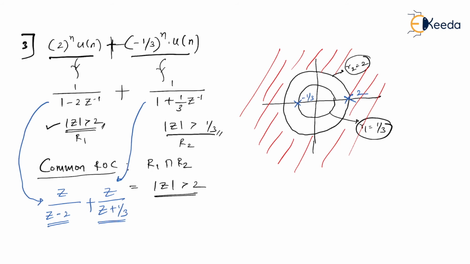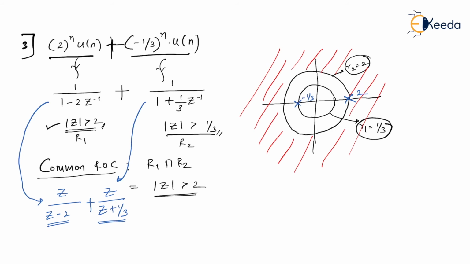Secondly, the ROC will always have a greater than relation because the presence of u of n makes it a causal sequence. I repeat, it is causal just because there is a presence of u of n, and whenever there is u of n, the ROC will always have a greater than relation.